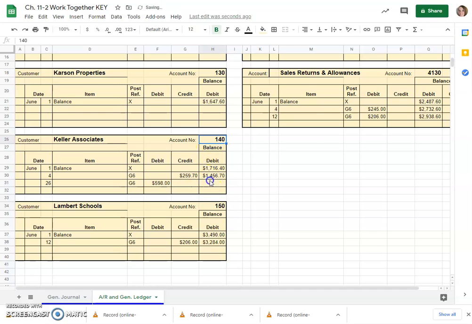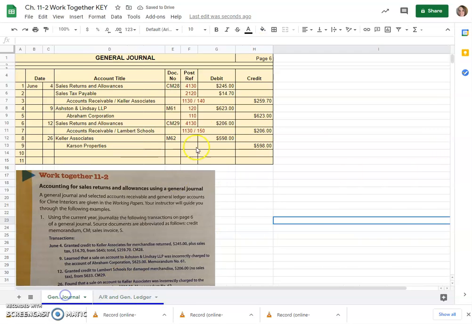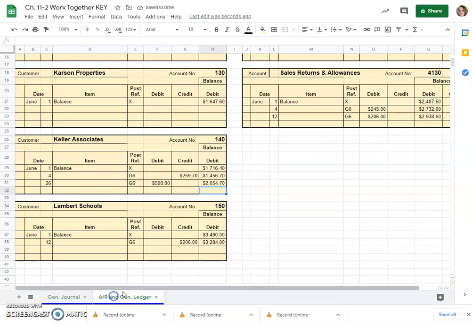And this is a new debit balance. We'll add it. 140 is our reference. Now Carson Properties reduces by $598. And so it's the 26th, G6, credit of $598, reduces their receivable, or our receivable from Carson Properties, and account number 130.